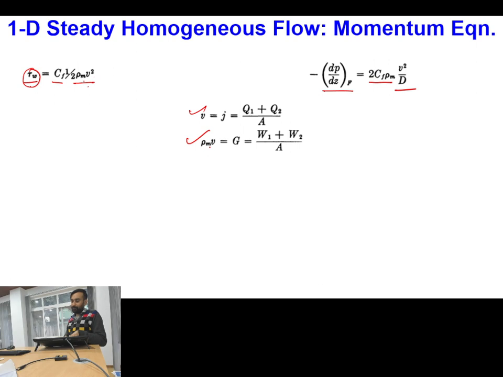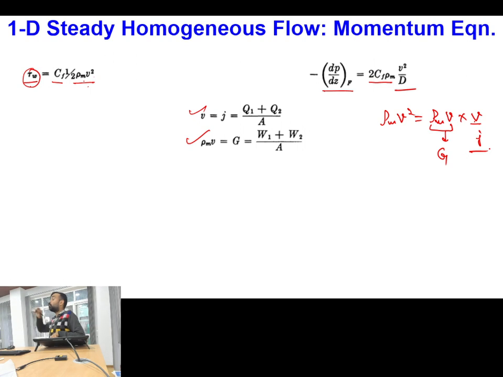Out of this rho m into V square, I will write it as rho m into V into V. So one rho m into V I can replace with G, and this V I can replace with J, where G is the total mass flux of the mixture and J is the total volumetric flux of the mixture, or total superficial velocity. Total means J1 plus J2, G means G1 plus G2.